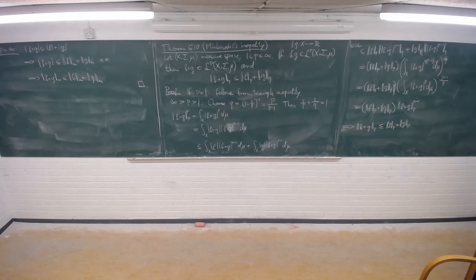I'm not sure that F plus G in LP is part of the Minkowski inequality, is it? It's not part of that proof. Just because we haven't proved it before.